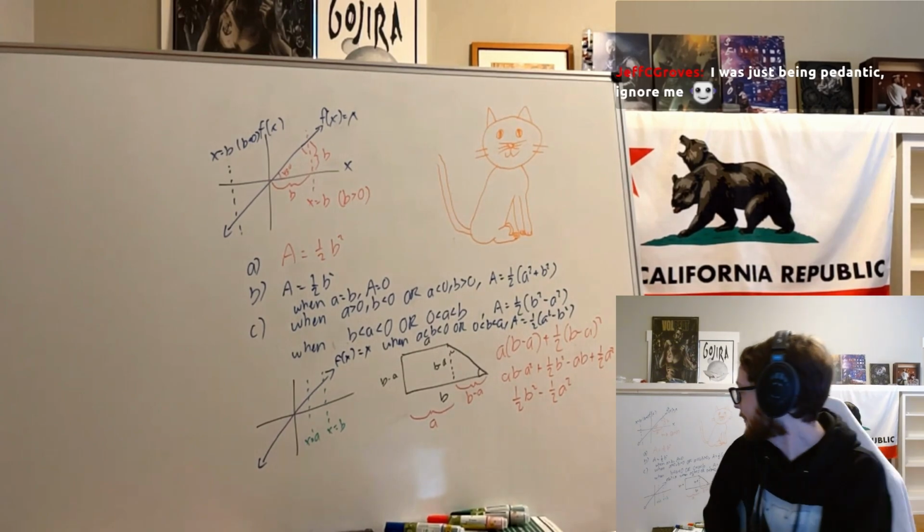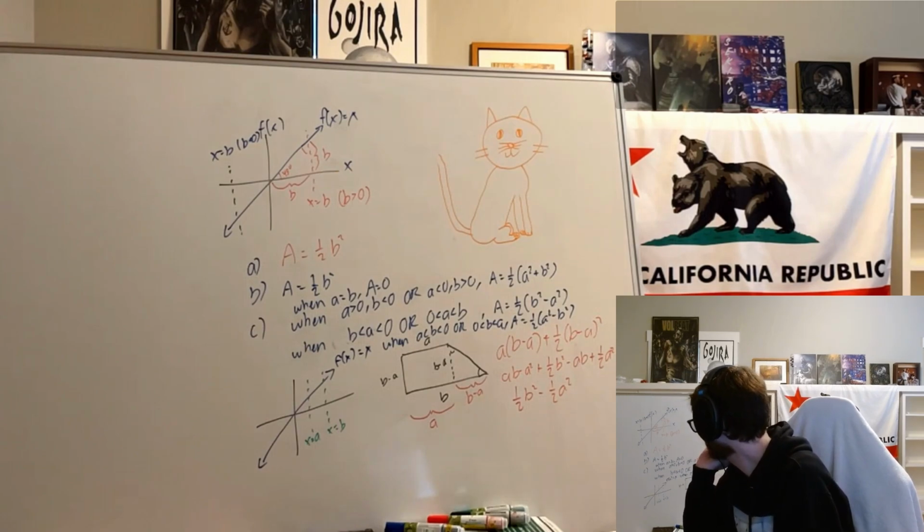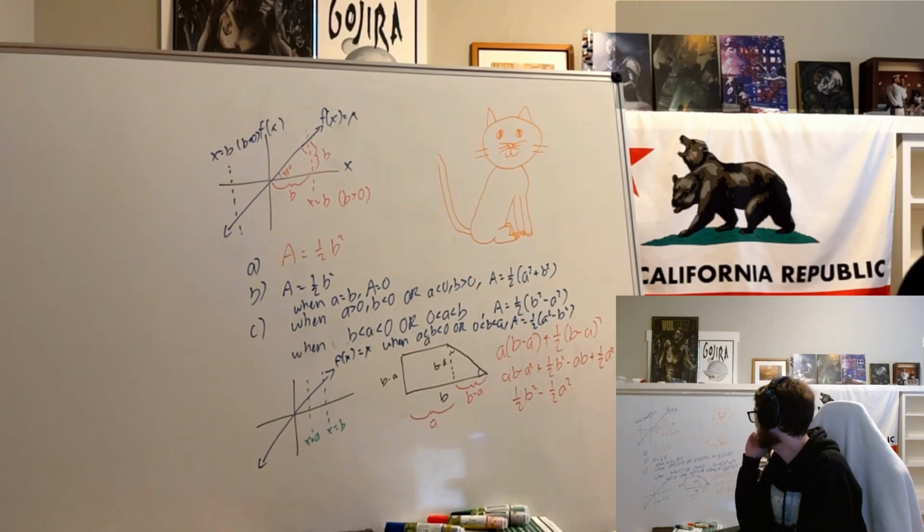A equals 0, well, no, the formula is okay with a equals 0, b equals 0. Oh, but my formula doesn't include it. I could say less than or equal to though, right?